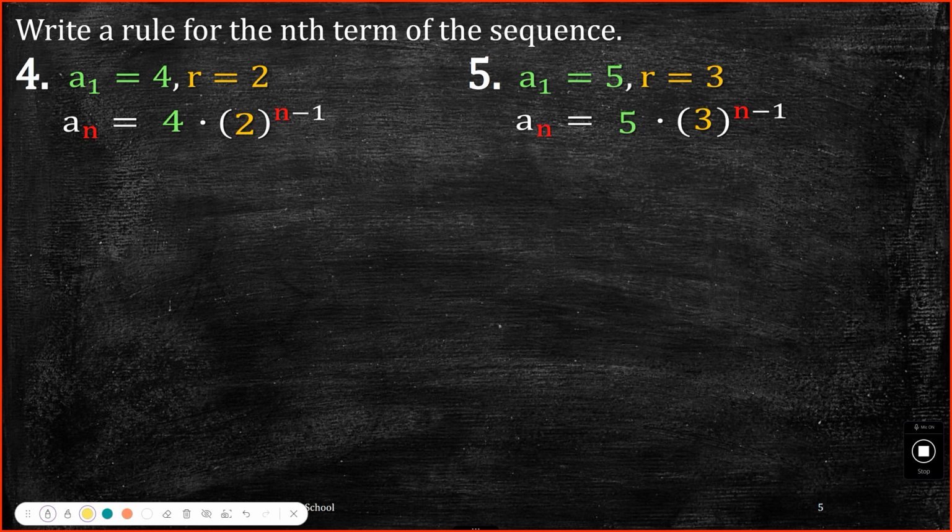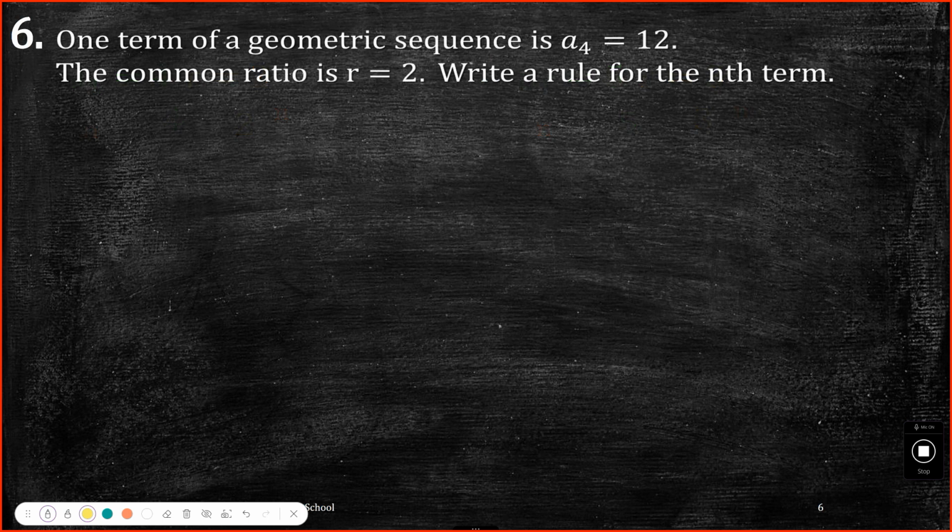Okay, so very easy until it gets kind of hard. Here we go. We'll be done after this one. No, are we? No, we're not. Okay, we got one after this one.